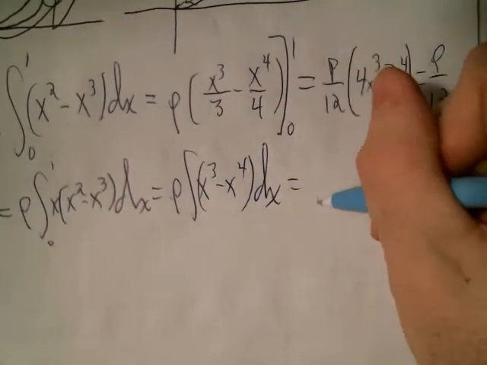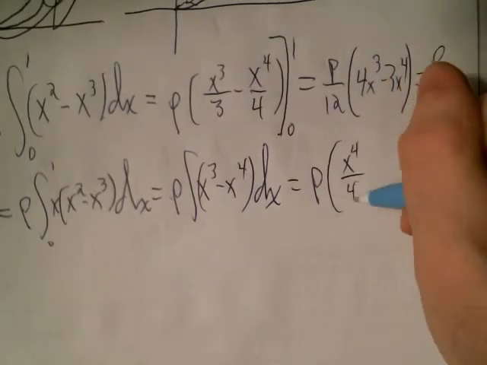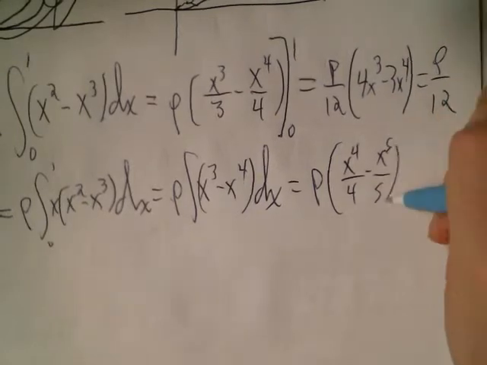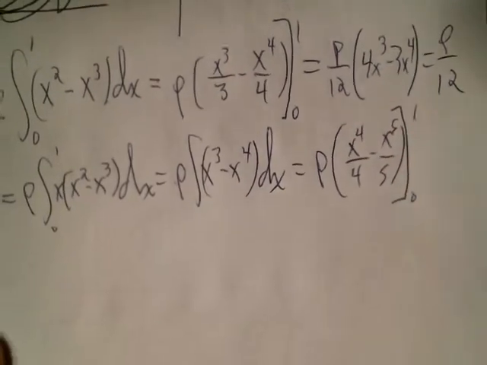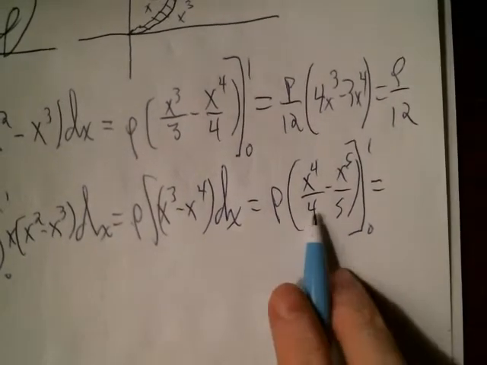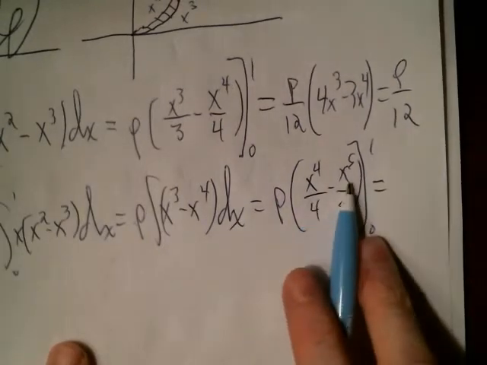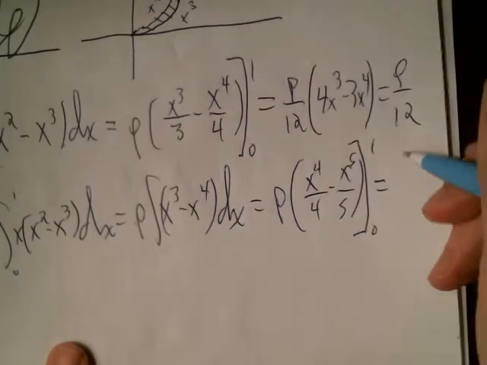Integrate that, so it's rho times x to the 4th over 4 minus x to the 5th over 5 from 0 to 1. What will that be? Well, if you factor out 1/20th, you'll just have 5x to the 4th minus 4x to the 5th, so it's just rho over 20.